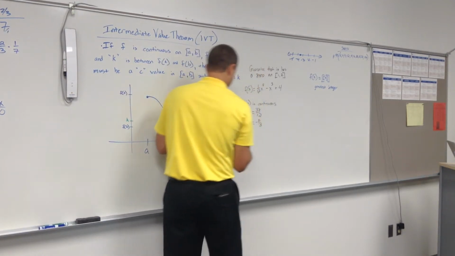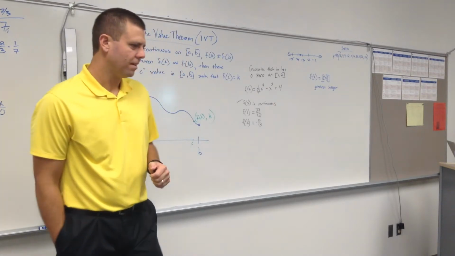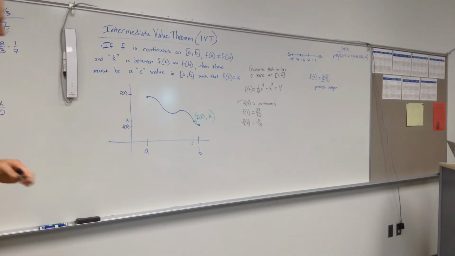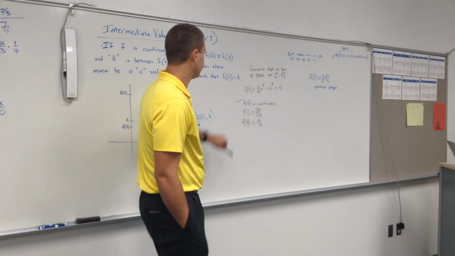I hope I'm right. On video, I look like an idiot. Okay? 4/3 minus 24/3 would be negative 20/3 plus 12/3, negative 8/3. Yep. They're not equal, so we're good. Okay? So they're not equal.